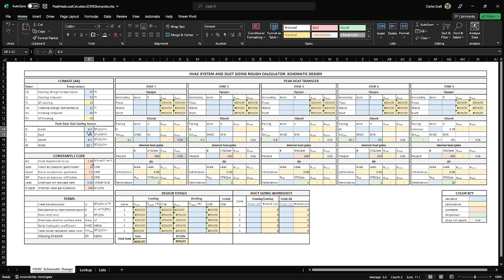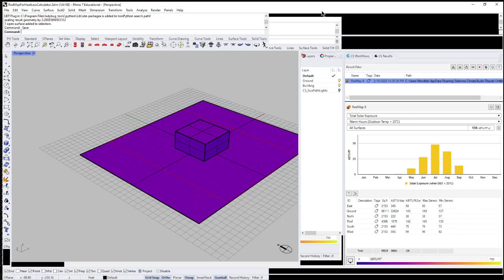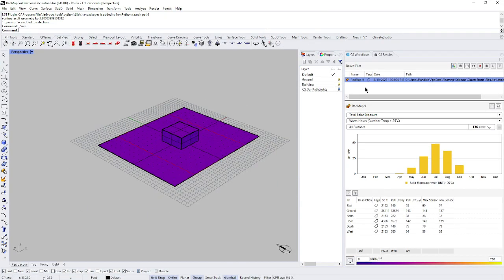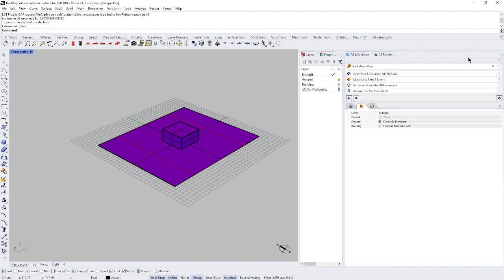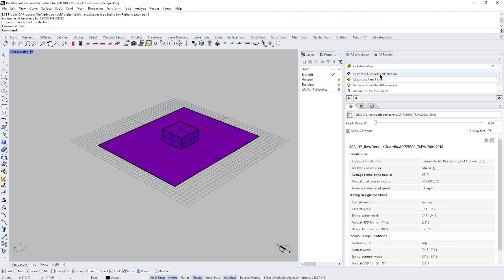So how did I get these numbers? I opened up Climate Studio, or Rhino. I made a simple model using our climate. I did LaGuardia.